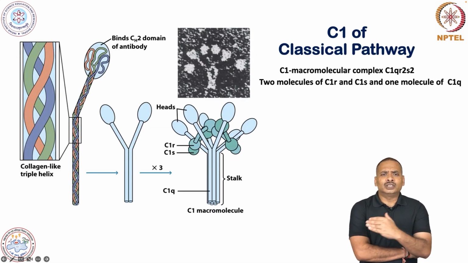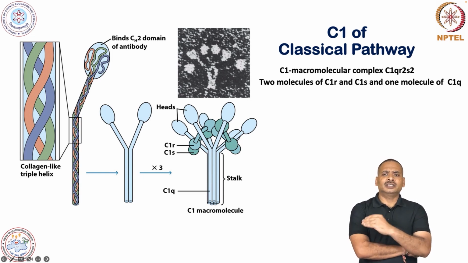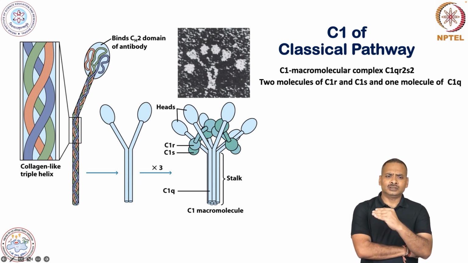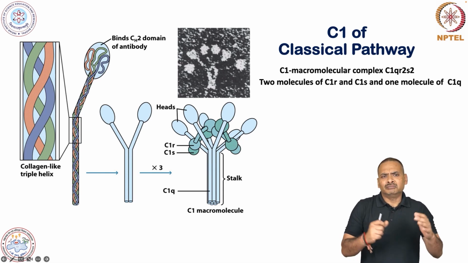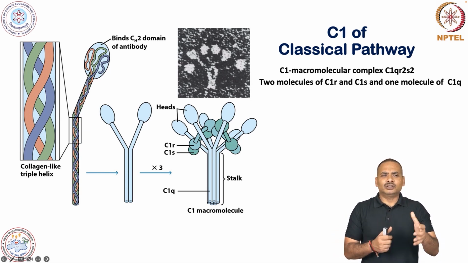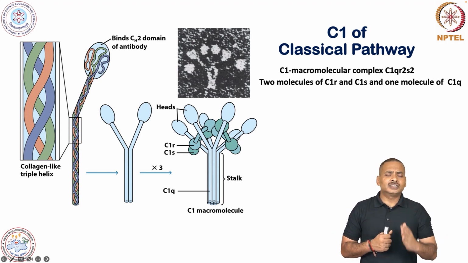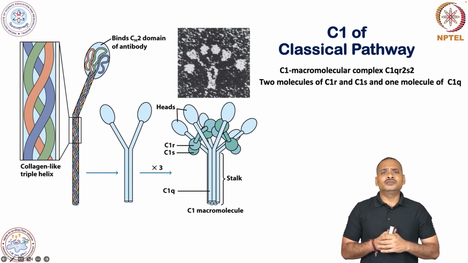So I would like to discuss C1 in more detail. Here you can see that there are various C1 subtypes. C1 is basically a macromolecular complex, quite a big molecule, as you can see here, and it consists of C1Q, 2 units of C1R and 2 units of C1S.